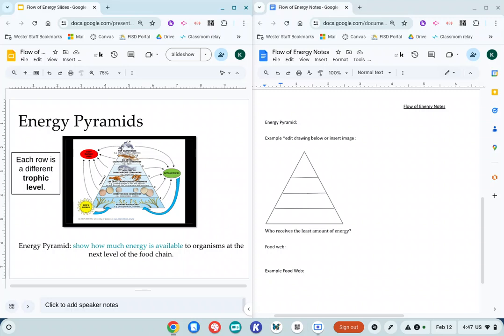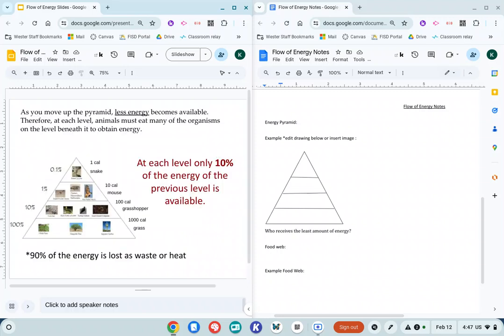And the reason why is because it takes a whole lot of energy at the bottom to support just a few organisms at the top. So much of that energy is lost in organisms that never get eaten, or in waste or heat that's generated. So a lot of that energy is lost through the system and can only really support just a couple at the top.